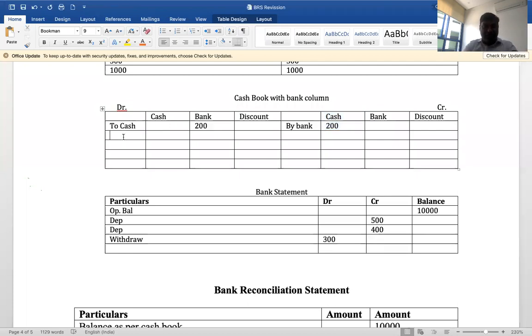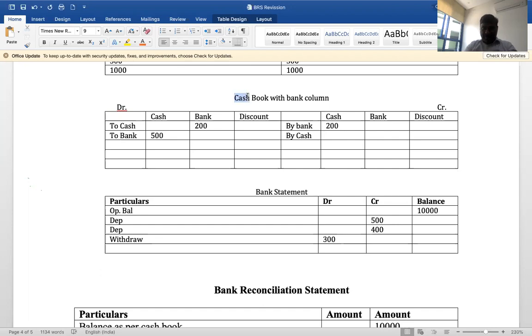Every time you are withdrawing money, cash is taking money. Now, let's say you're withdrawing, cash account debit to bank, in cash column. Let's say 500 you have withdrawn. 500 you're writing here. And again, you have to credit now. Who is giving this amount? Bank is giving. Sorry, by cash.